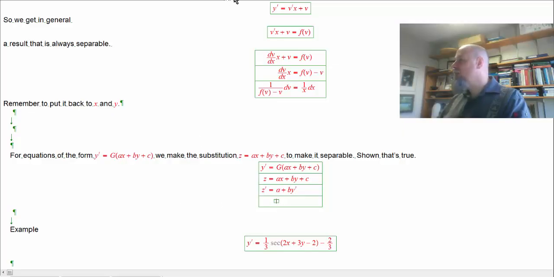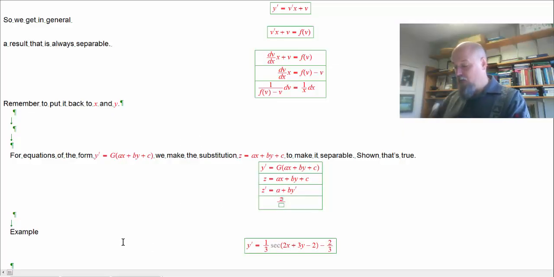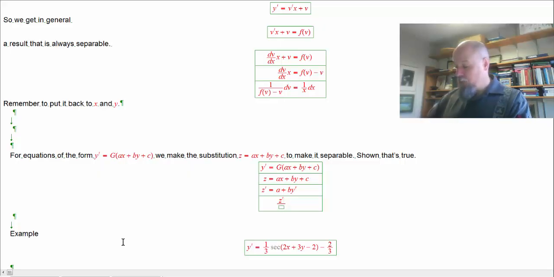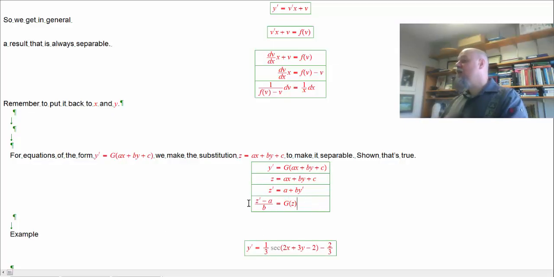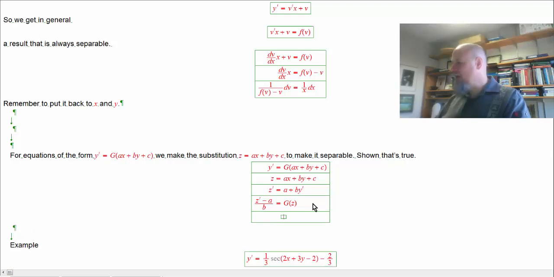So instead of y prime, I'm writing z prime minus a divided by b, and that would be g of z. There's my substitution.